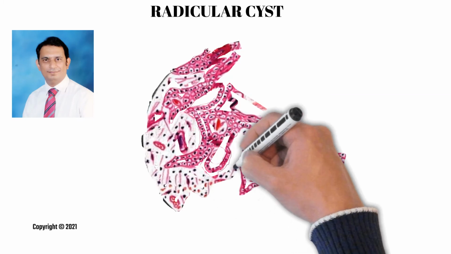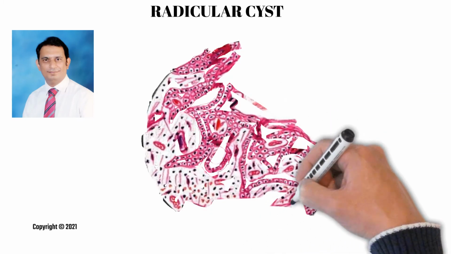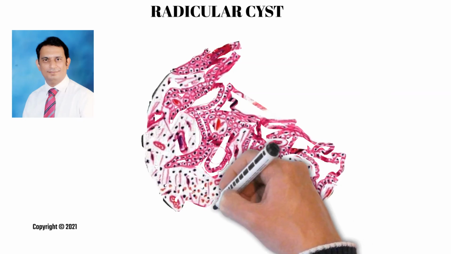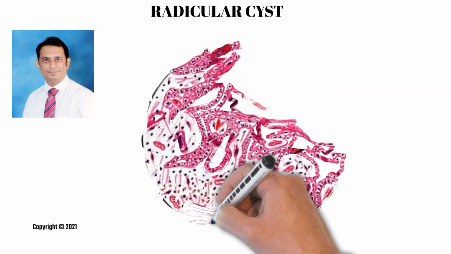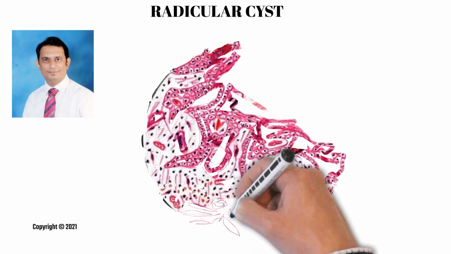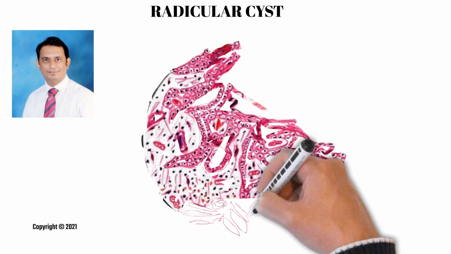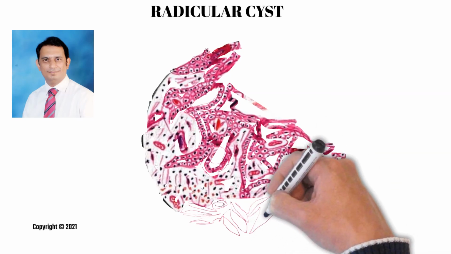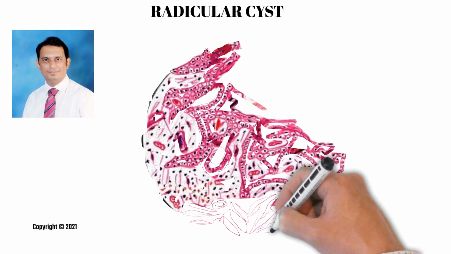Then you draw the stroma consisting of inflammatory cells, which is a characteristic feature. Then here you draw the cholesterol clefts, which are also present in the connective tissue stroma or the cystic wall. They are needle-like, clear-shaped structures, and this is the lumen.